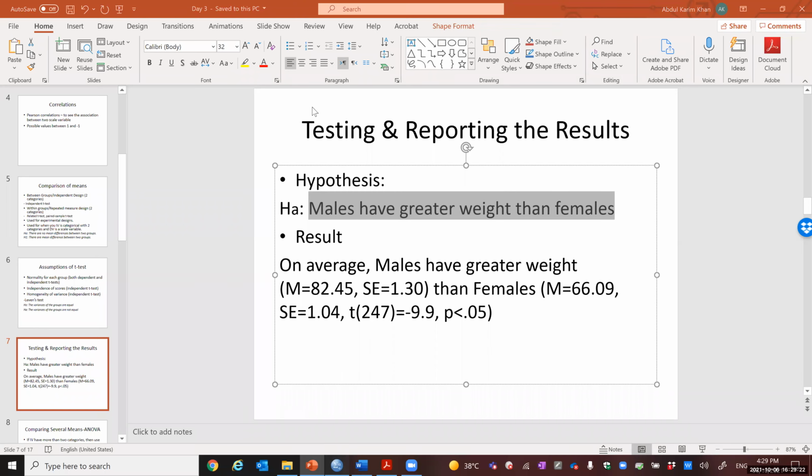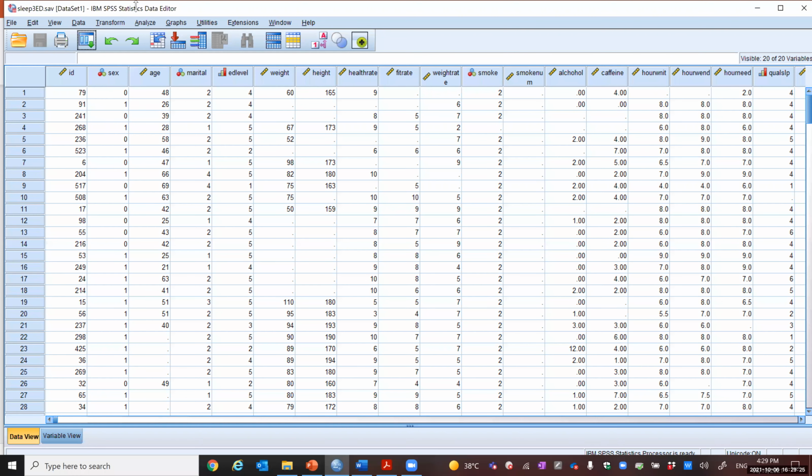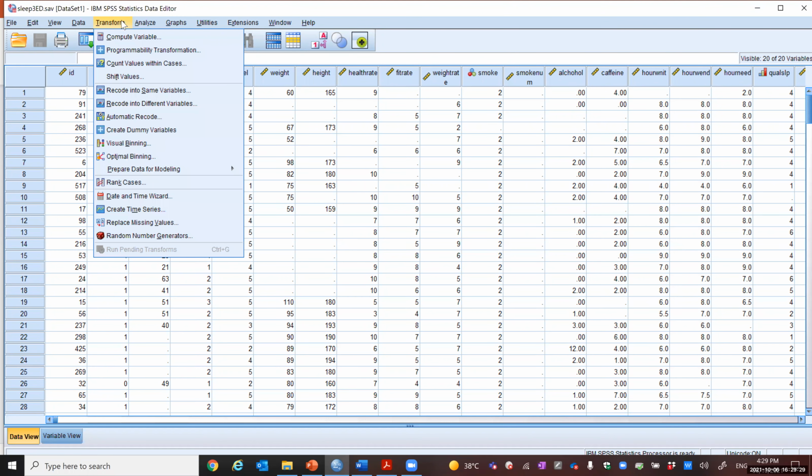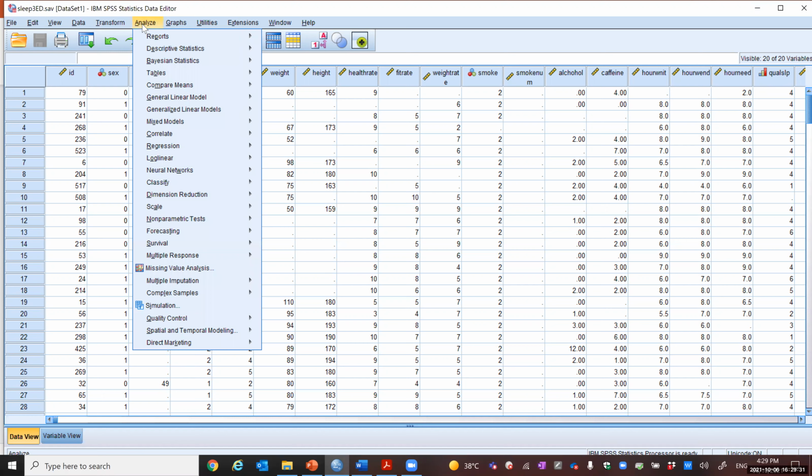This is my data file. I will go to Analyze, and going down here, I will find Compare Means. In Compare Means, you have different options: one-sample t-test, independent samples t-test, paired samples t-test, and one-way ANOVA.